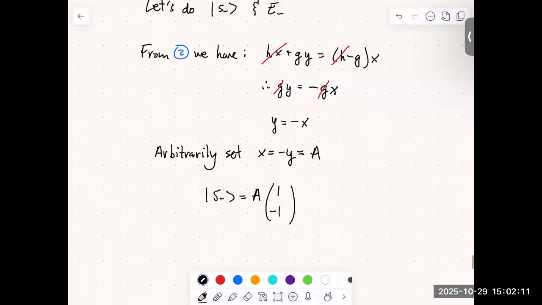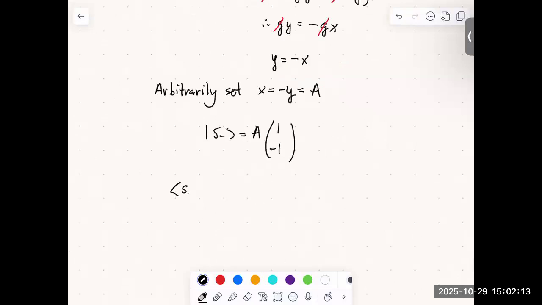And normalization requires that this inner product is 1. So we'll get the absolute value of A squared times 1 minus 1, 1 minus 1 is equal to 1. Well, 1 times 1 is 1, and then plus minus 1 times minus 1 is again plus 1, so we get 2 again.